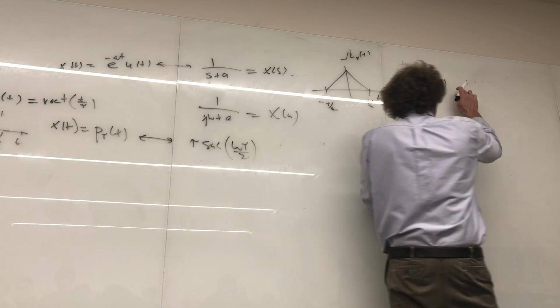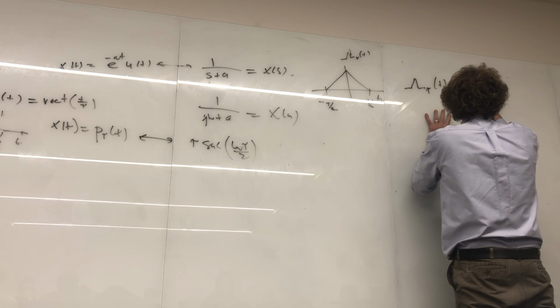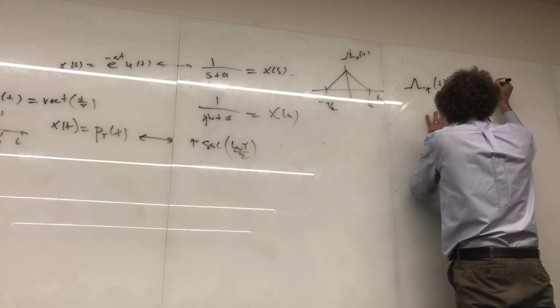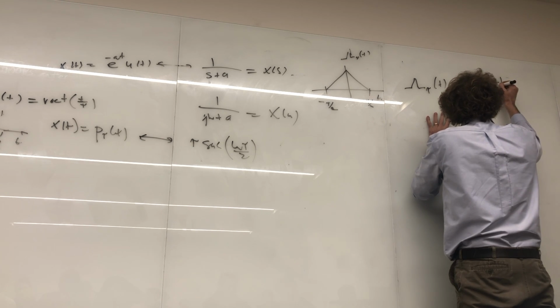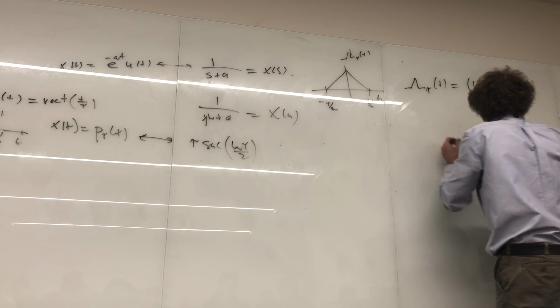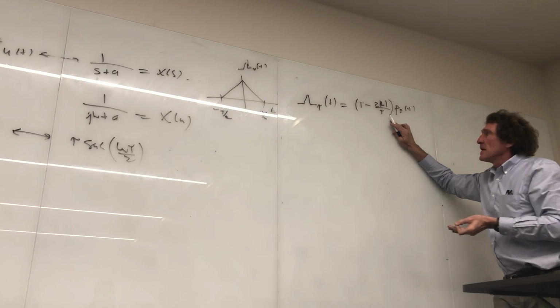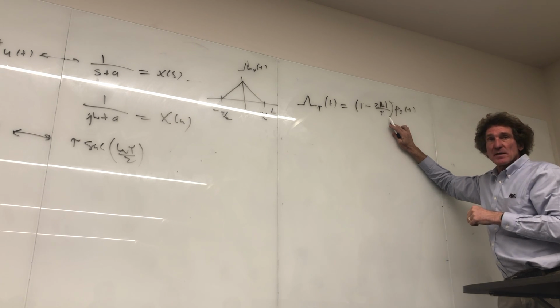Now, the triangle function mathematically is usually given as simply 1 minus 2 times the magnitude of t, over tau, times the pulse tau of t. And if you look at this, it works. Now look, that triangle function is 1 when t equals 0, correct, class?